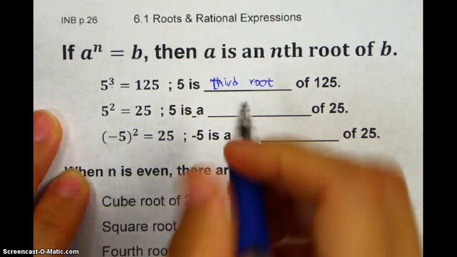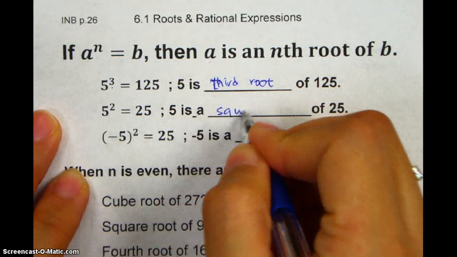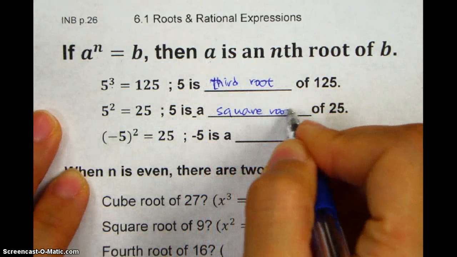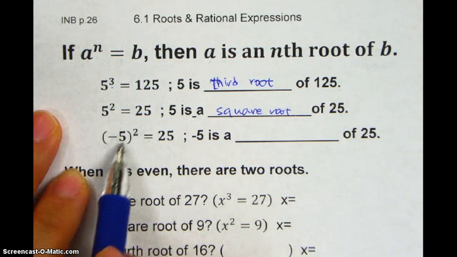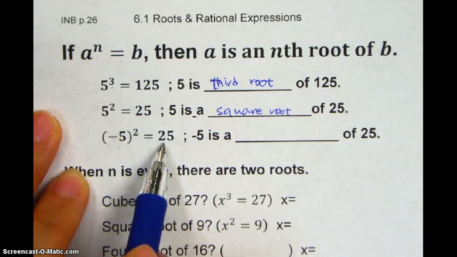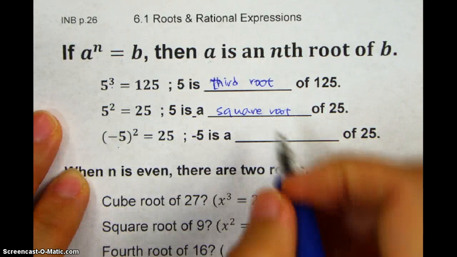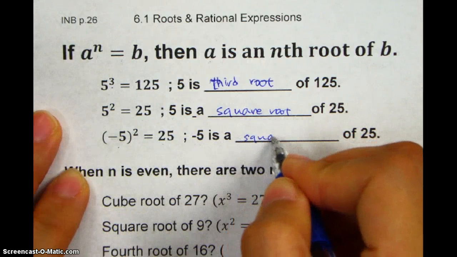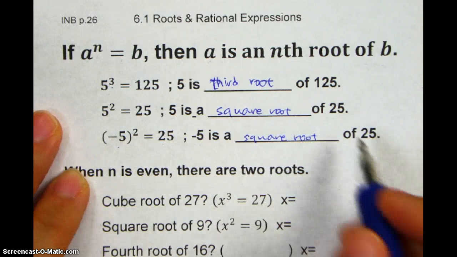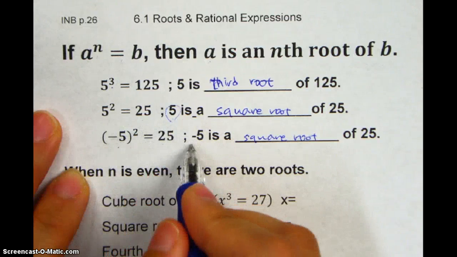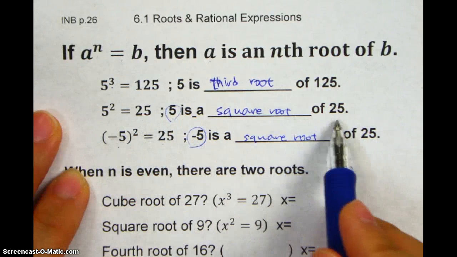So we can say 5 is a square root of 25. We know also negative 5 squared is 25 as well. So negative 5 is also a square root of 25.